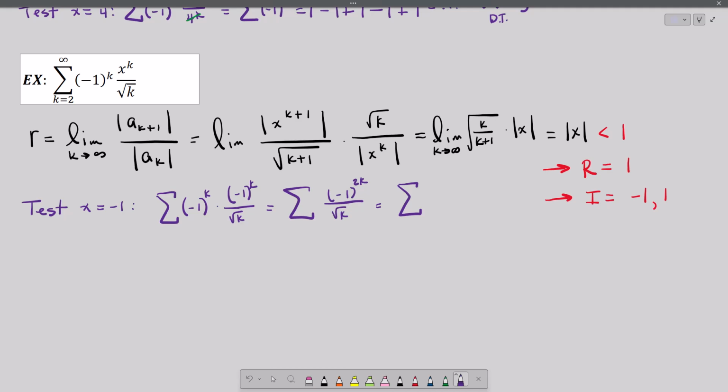So let's do the square first. -1 squared is 1, and then 1 raised to the k, 1 raised to any power is 1. So this is going to be 1 over that. Okay, what kind of series is that? It's a p series. Converge or diverge? Diverge. Here we just say p is equal to 1/2, less than 1, therefore diverge.